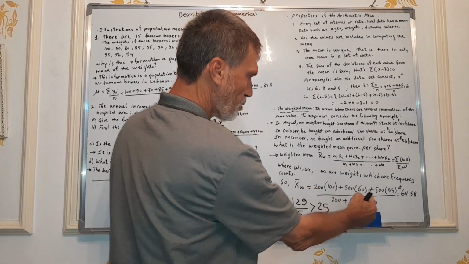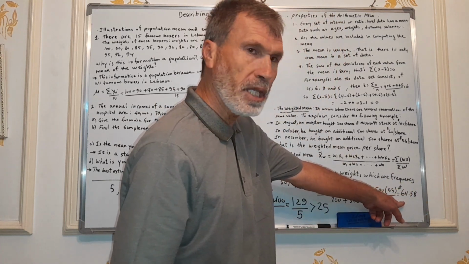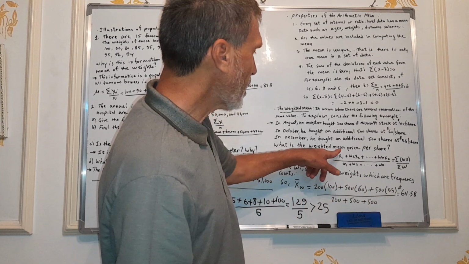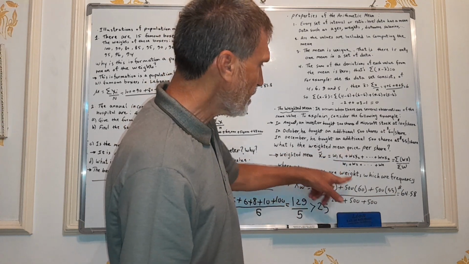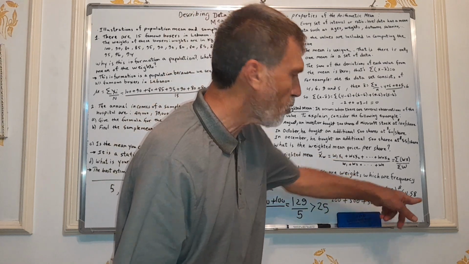And we come up with 64.58. This is the weighted mean price, which is equal to 64.58.